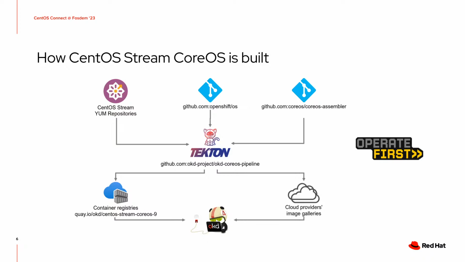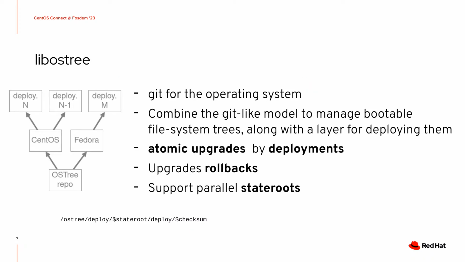However, we want to emphasize that OKD is only one possible use case for SCOS. So while OKD uses both the container images and the boot image in the traditional format, we only use the traditional format for initial provisioning. After that, it's all handled through containers. I'd now like to hand over to Alessandro to talk more about the underlying technologies we leverage to make this possible.